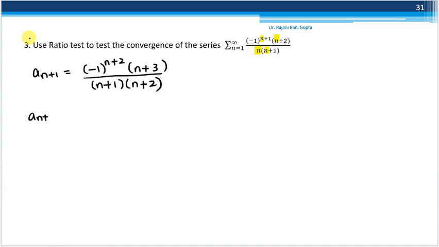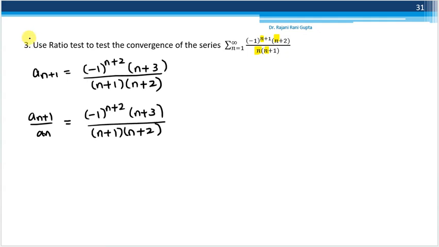So a_{n+1} divided by a_n gives you minus 1 to the power n plus 2 over the n plus 1 term, divided by the other one. Now I'm writing the direct step again. It is n plus 1, because this will get flipped. Minus 1 to the power n plus 1, n plus 2. But you can cancel this n plus 1 with n plus 1.